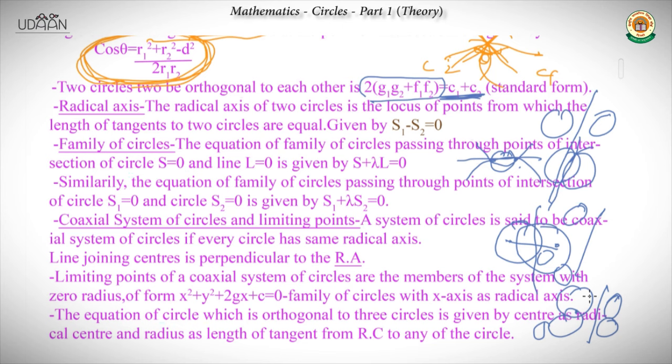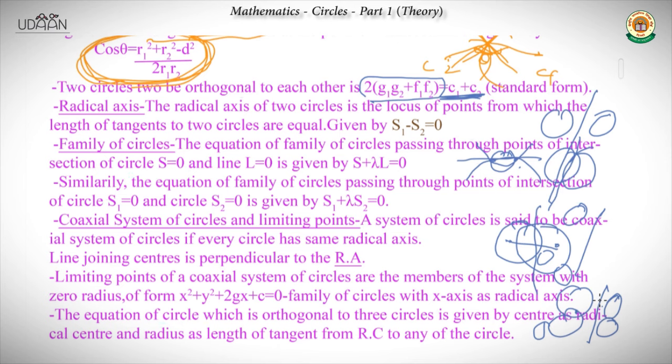So there will be one circle whose distance from the radical axis equals the length of the tangent, which means that circle has to exist. It is also a point, which means the limiting points are members of this coaxial system, indirectly circles with zero radius.